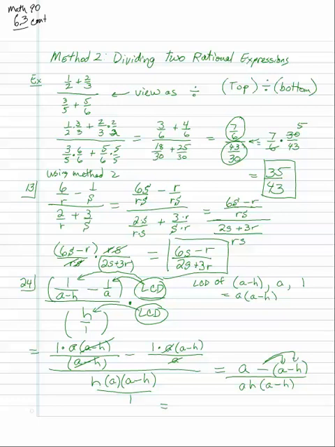So we're going to get a minus a, which is 0, and then minus a minus h is just h. So the top is just h, bottom there's nothing to do. And now you can see I can cancel out that h. So I'm left with 1 over a minus h. So that's my final answer there.